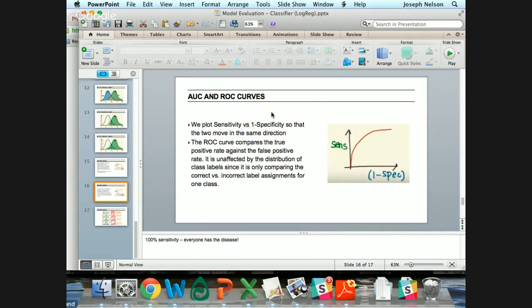Sensitivity and specificity don't trade off just 1-to-1. So there's an optimum curve to be found, and that optimum curve depends on the value of cutoff. So the ROC curve is comparing the sensitivity and specificity for a given cutoff point test value in our data set.